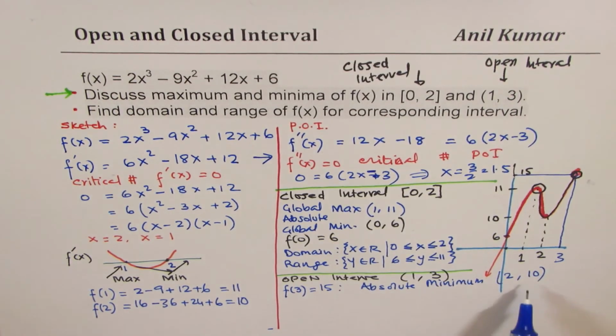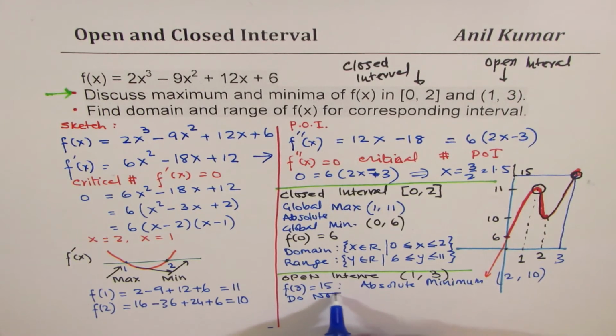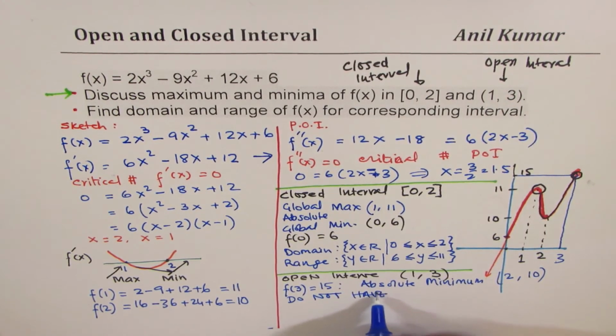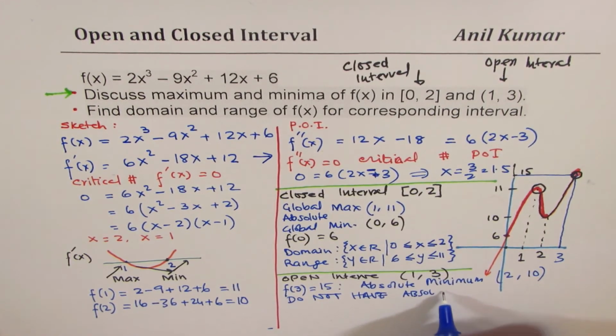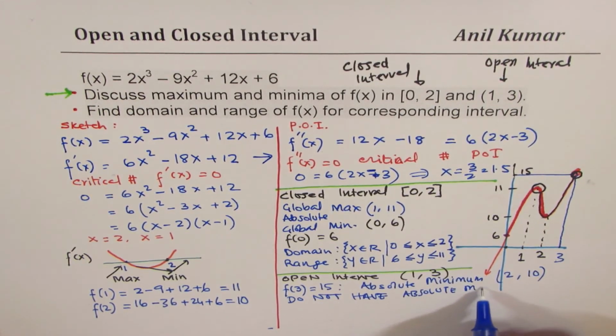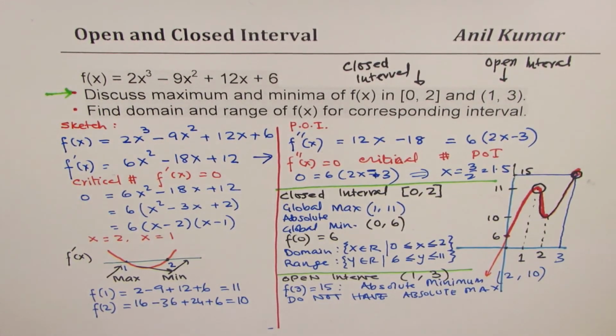Perfect. So that is your absolute minimum, but we do not have absolute maximum. That's very clear. Is it okay? Because those points are not included.